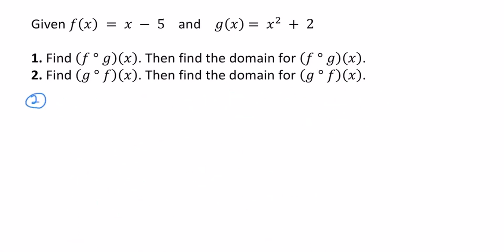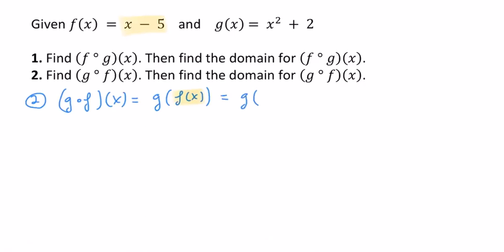Let's get number 2. We want g circle f of x. So here g is the outside function, f is the inside function. So we have g of f of x. Start with the inside function f of x, which is x minus 5.